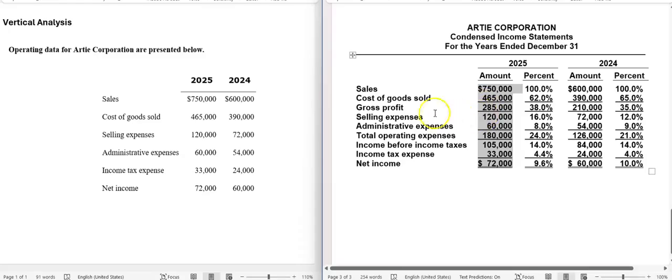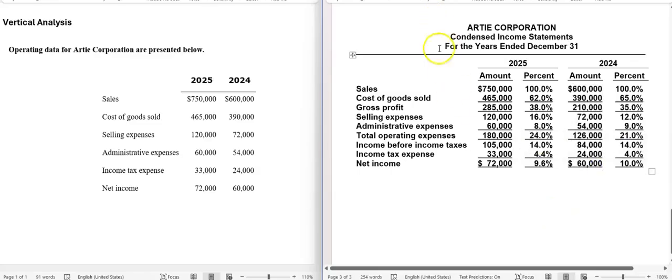To calculate net income, we then have to subtract our selling and administrative expenses to get our income before any income taxes are accounted for, and then we subtract out our income tax expense to calculate our final bottom line net income. Okay, so we're doing this for both 2024 and 2025.